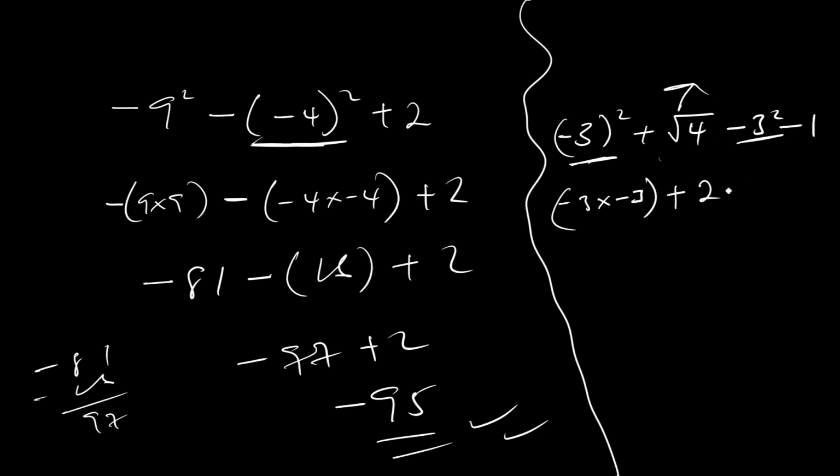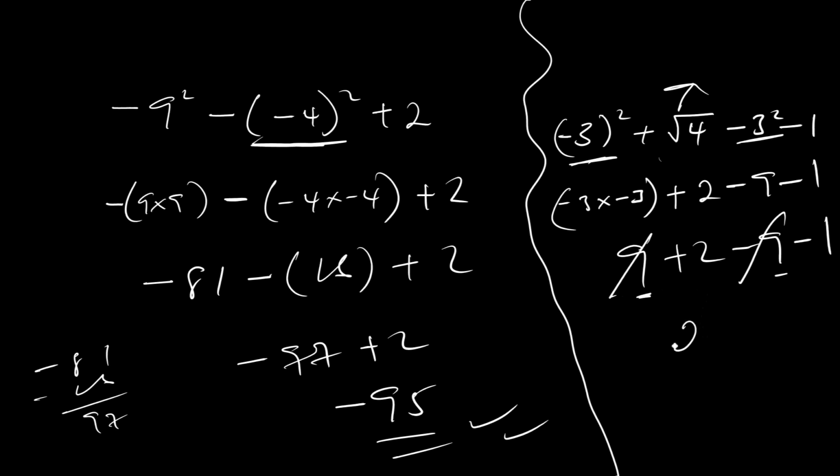And this one is the same as, remember the first one, negative 9 minus 1. So this one is 9, that is positive 9 plus 2 minus 9 minus 1. So the additive inverse for 9 is negative 9. So this one will tend to 0. So I will have 2 minus 1. That is 1.